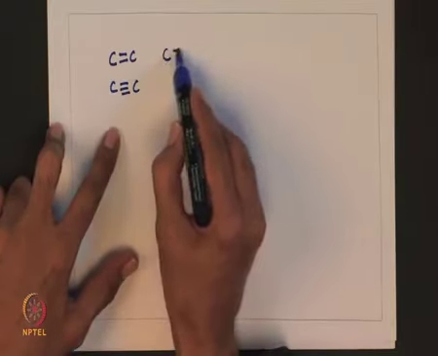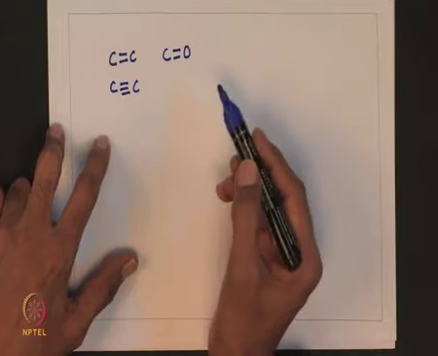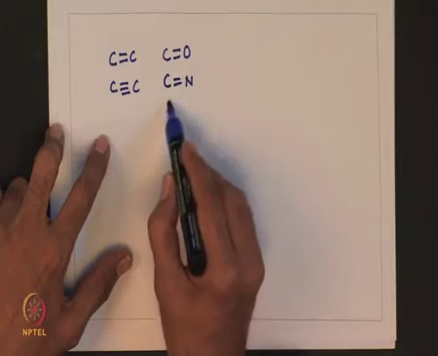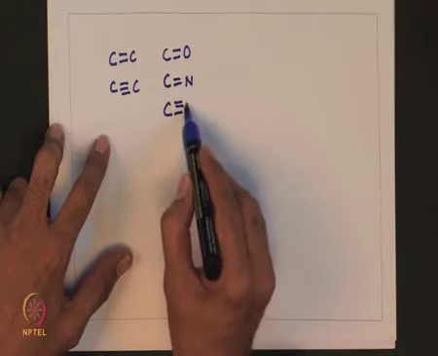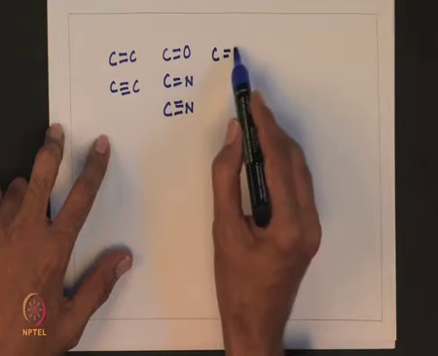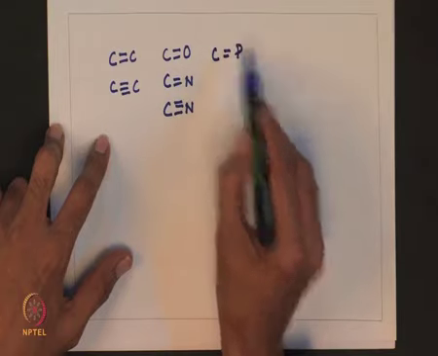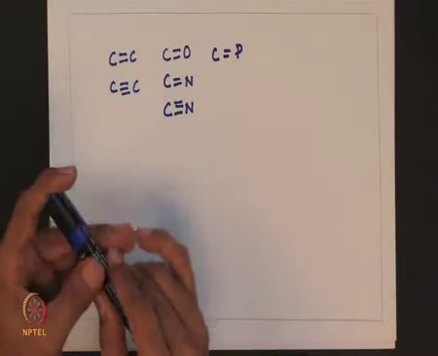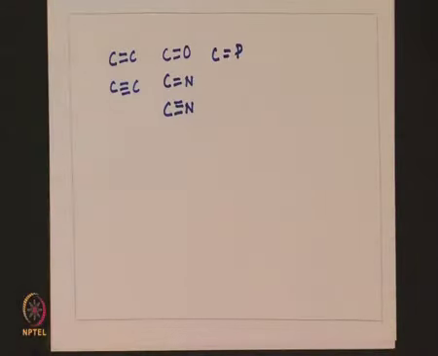Similarly, we know compounds containing C double bond O, C double bond N, even C triple bond N, and then compounds containing C=P double bond. So, these compounds are all known, whereas with heavier elements multiple bonds are not quite common, again because of the bigger size of atomic orbitals.